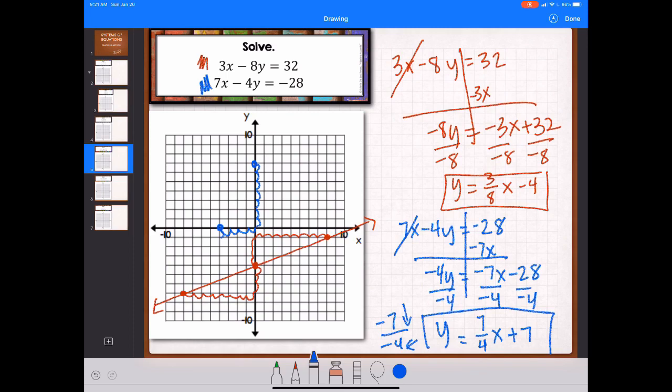You can see it hits right there. So the solution to my system is negative 8, negative 7.